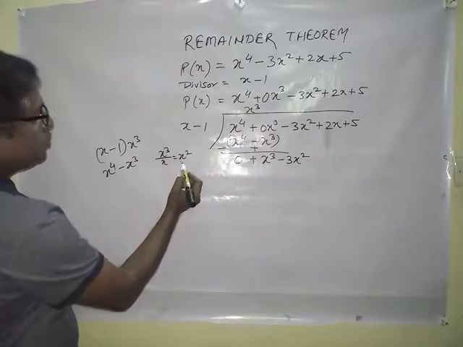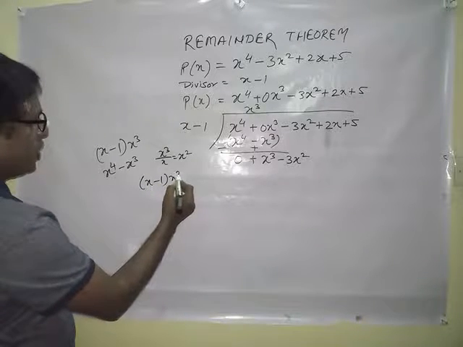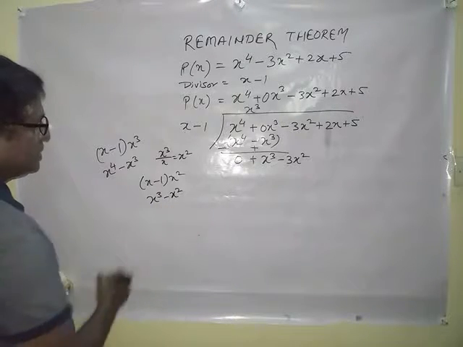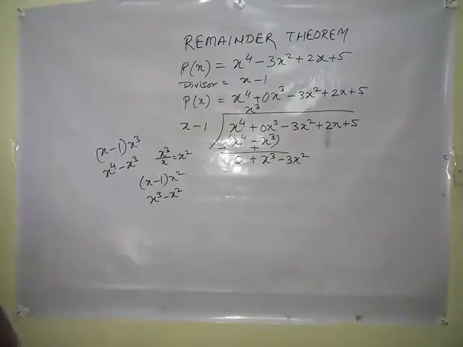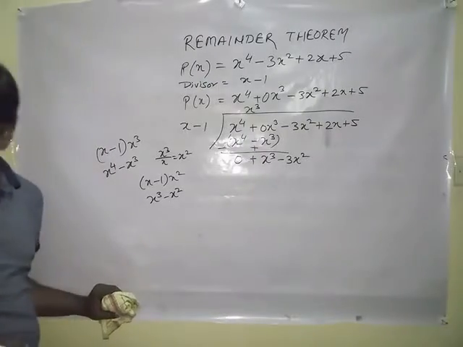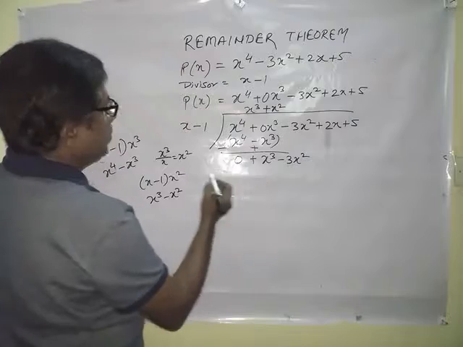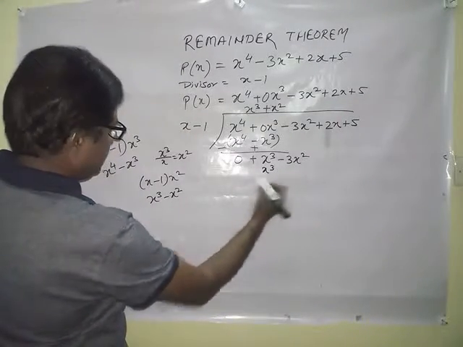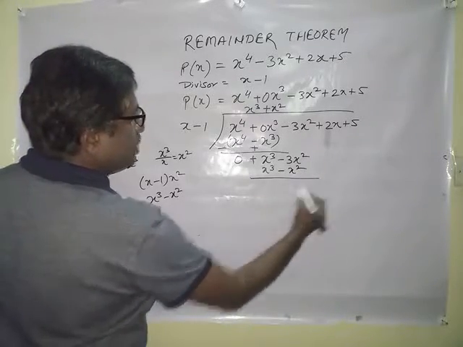So this equation should be multiplied by x square, x minus 1 into x square, that is x cube minus x square. So second term will be x square, and this will become x cube minus x square.